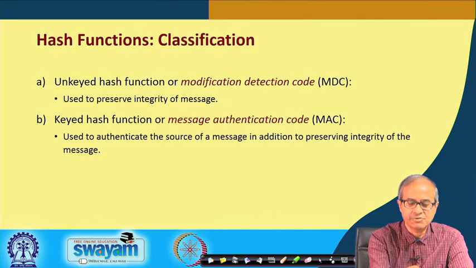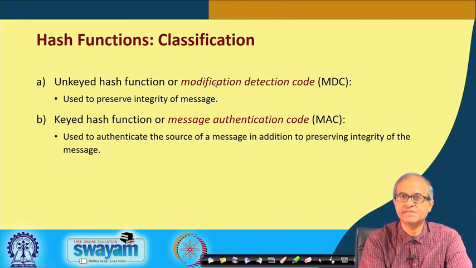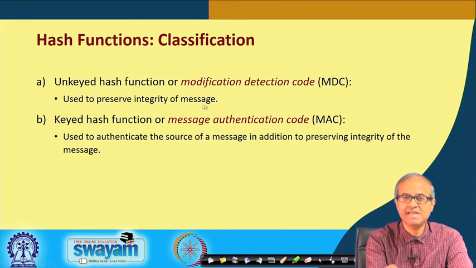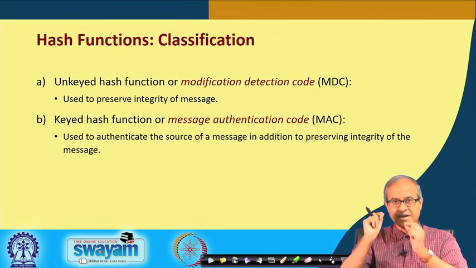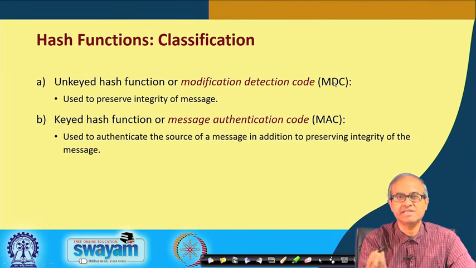Here this kind of hash function is used to preserve the integrity of the message, which means the receiving end can tell whether the message is intact or was modified. Whenever the message is modified, this so called MDC, which is also coming as part of the message, will get modified.